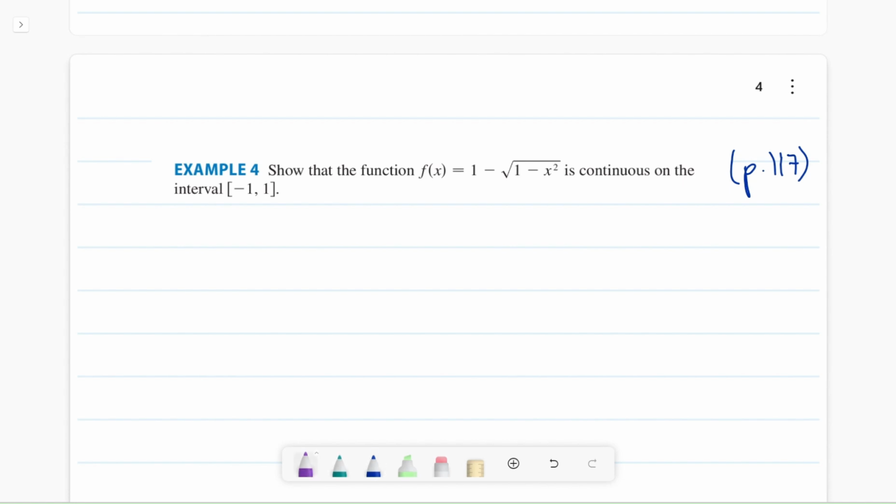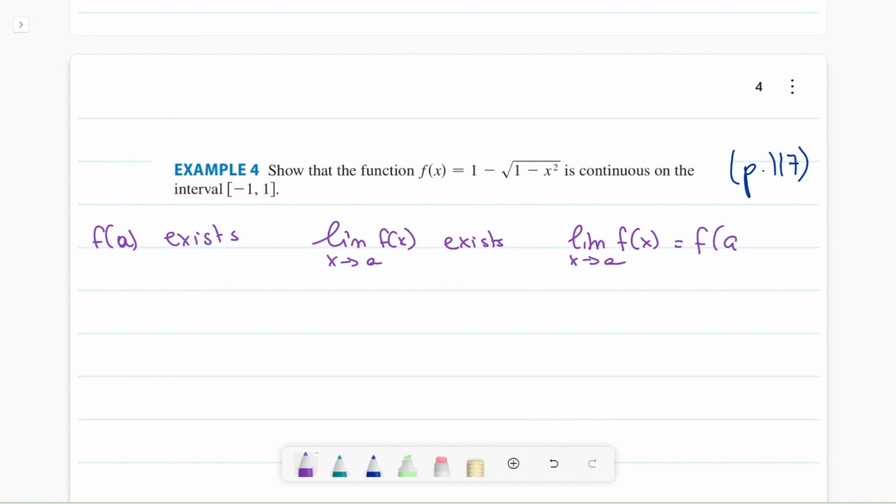So, let's apply the definition. The first condition is that f of a exists. The second is that the limit of f of x as x approaches a exists. And the third condition is that the limit of f of x as x approaches a is equal to f of a.